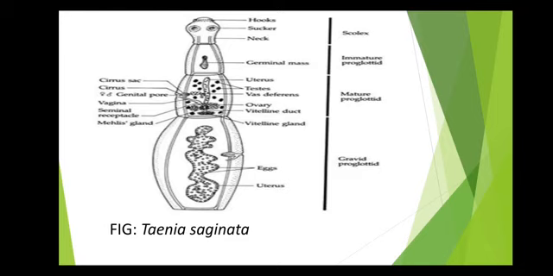It is larger than Taenia solium. Its body is divided into scolex, neck, and strobila. The scolex bears four adhesive suckers, but it does not have rostellum and hooks. Its infection occurs by taking undercooked beef.